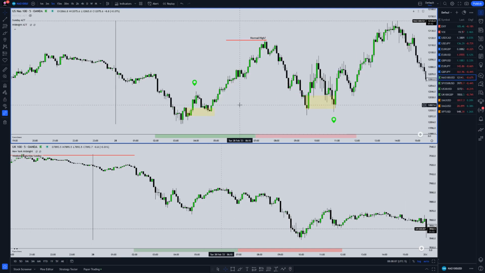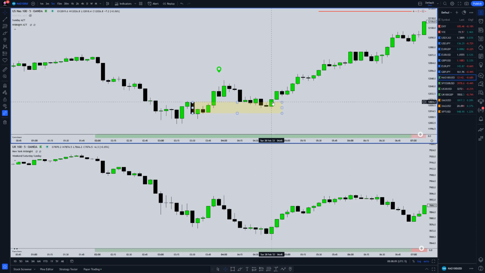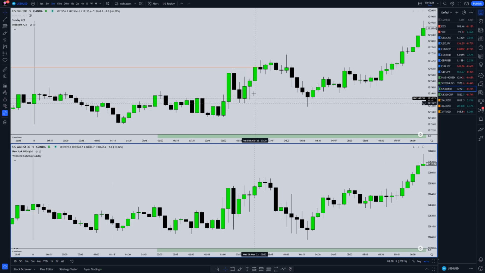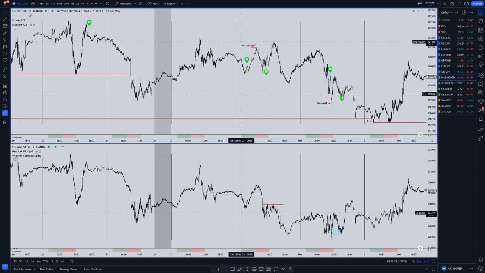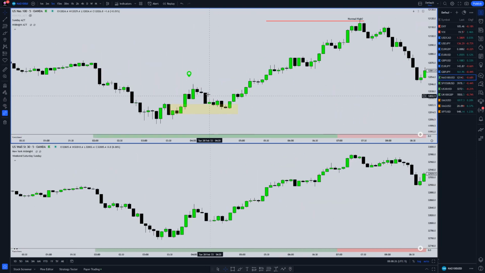So if, for example, the next candle is a bullish candle, then when we compare the Nasdaq and the Dow, if the Nasdaq was much stronger than the Dow, the next bullish candle would be much larger on the Nasdaq and much smaller on the Dow.